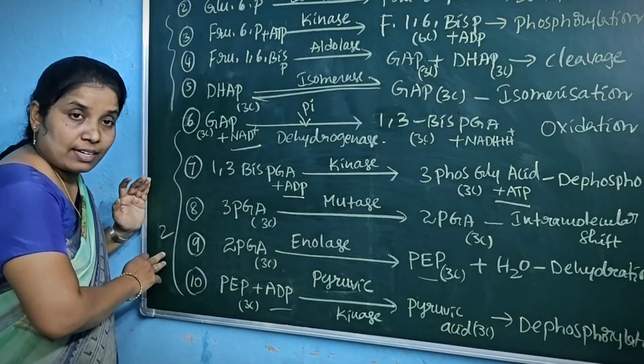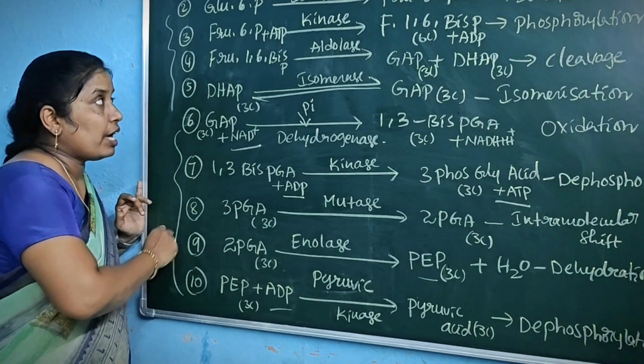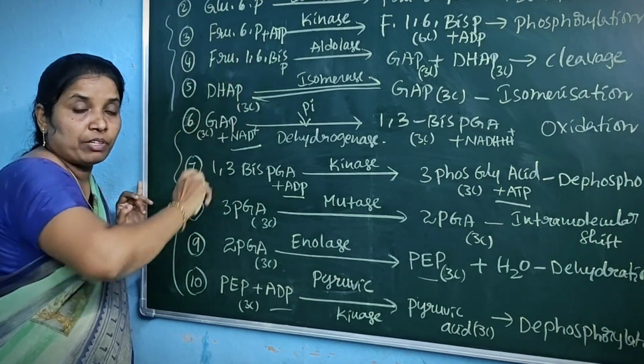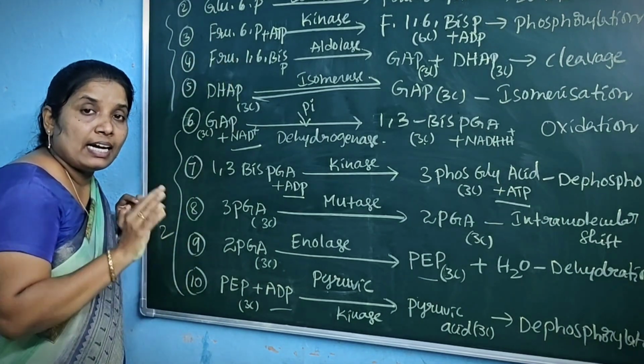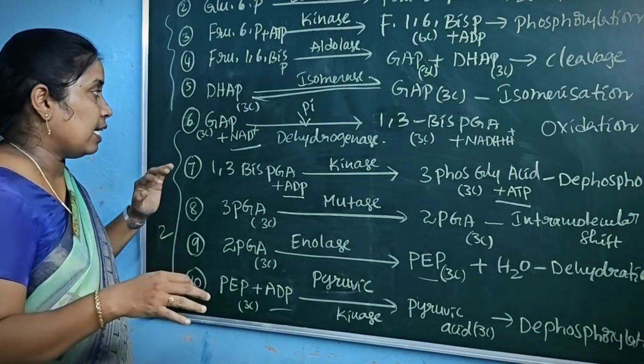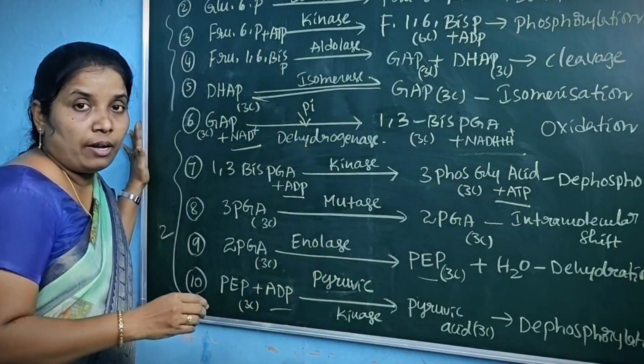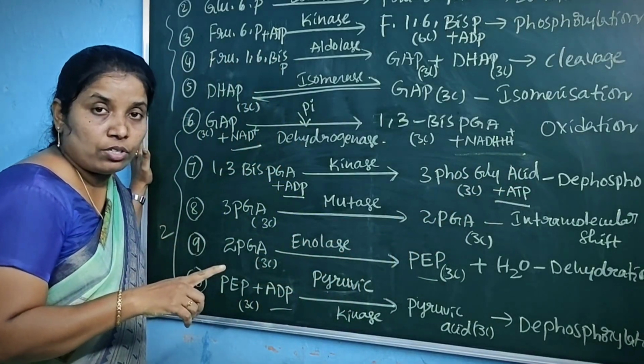These reactions occur 2 times. 2 into 2 is equal to 4 ATPs produced. So we have to remove these 2 ATPs from the 4 ATPs, then we get a net 2 ATPs produced from glycolysis directly. Not only that, we also get 2 NADH. Okay, so those are also energy molecules.